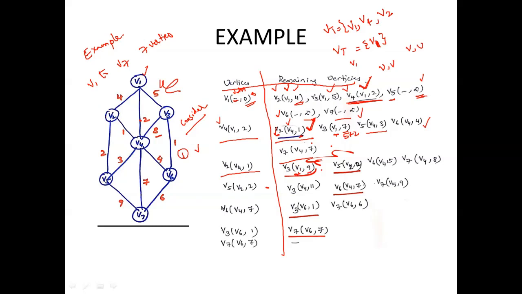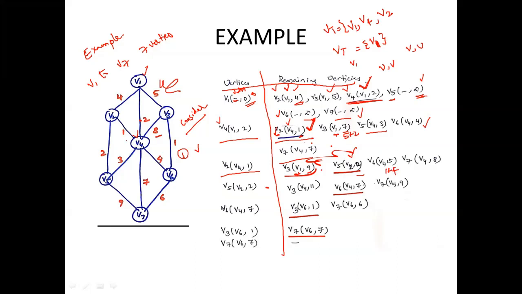Now from V2 to V5, I have a direct path with a weight of 2, so I am directly including this. From V2 to V6, I don't have a direct path, but I have an indirect path via V4, which is already visited. So 1 plus 4, it is 5.